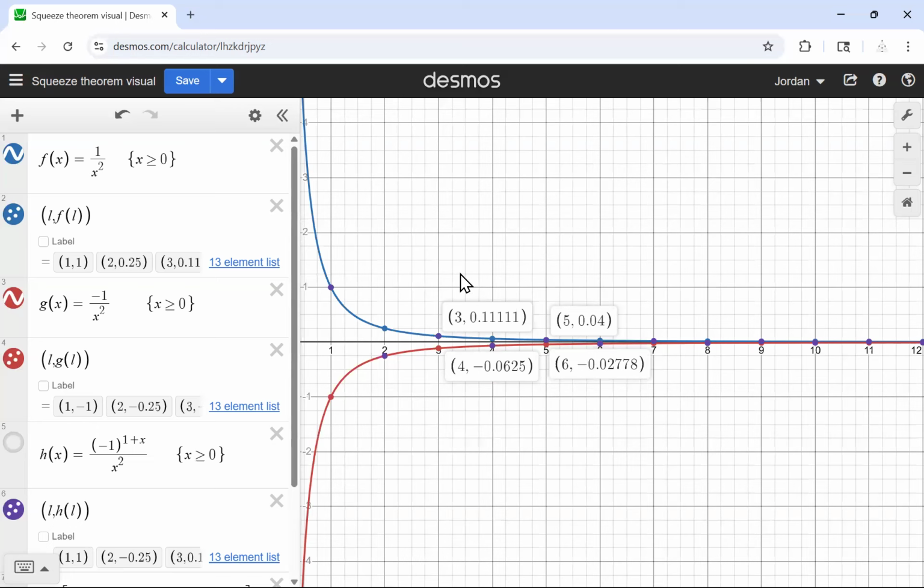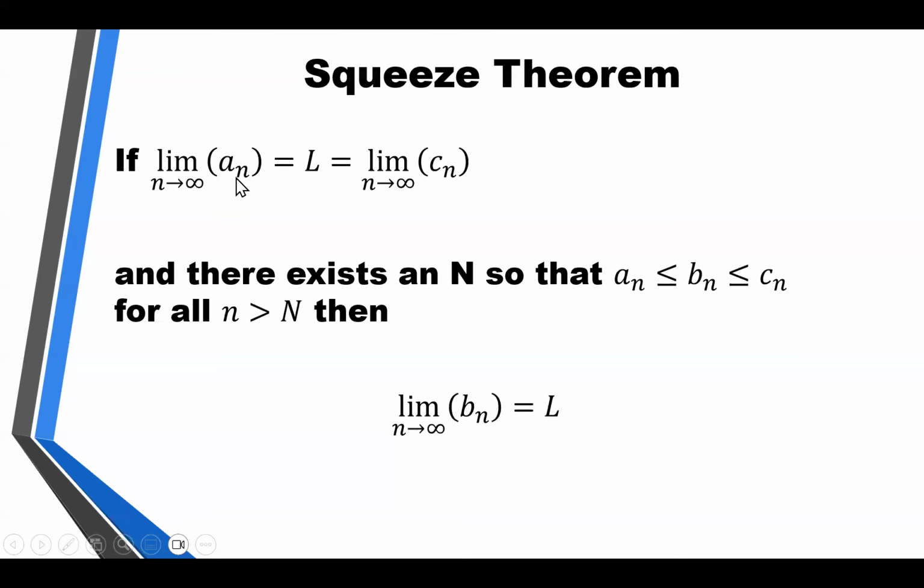So we're just getting the squeeze theorem where one side is the absolute value of a sub n, and the other side is the negative of the absolute value of a sub n. And that's what happens. So squeeze theorem with 0, and then we get the absolute value theorem. So just replace the a sub n with absolute value of a sub n.